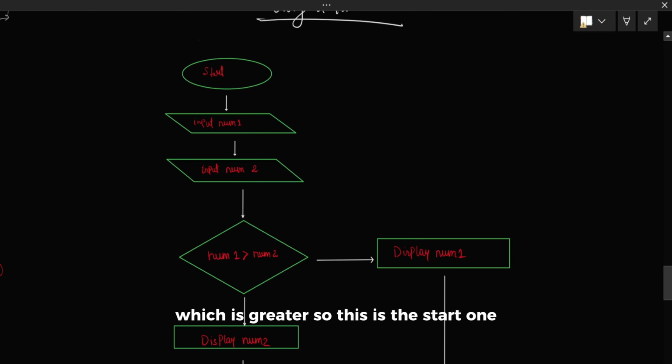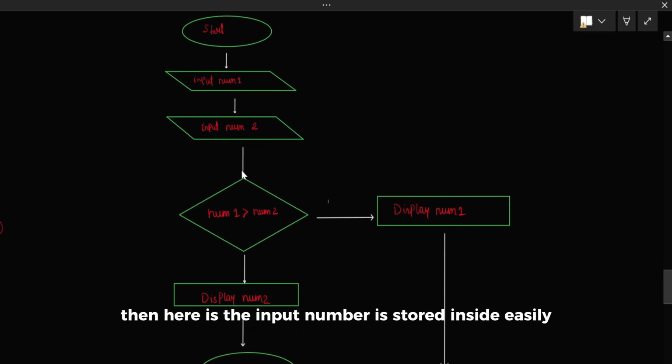So this is the start. You already saw that this oval is the start symbol, and this parallelogram is for the input of two numbers. Then the input numbers are stored, and this box is a diamond shape.